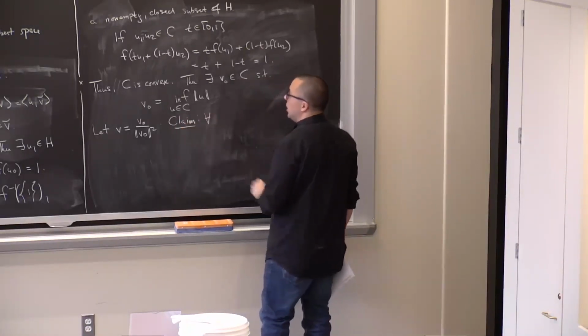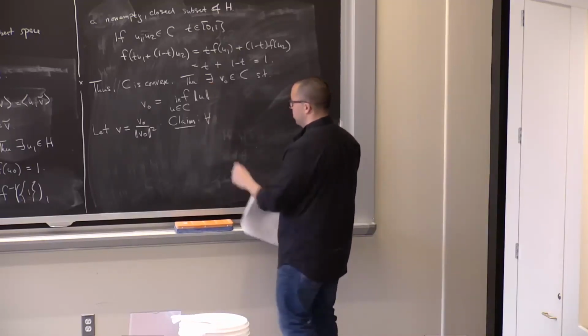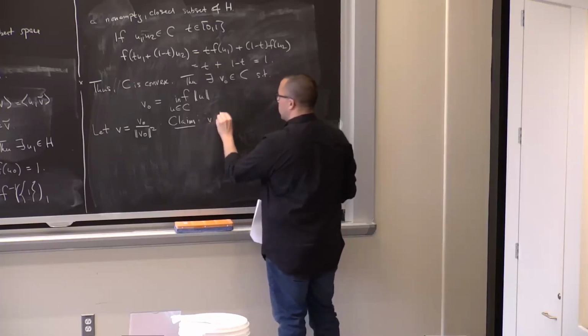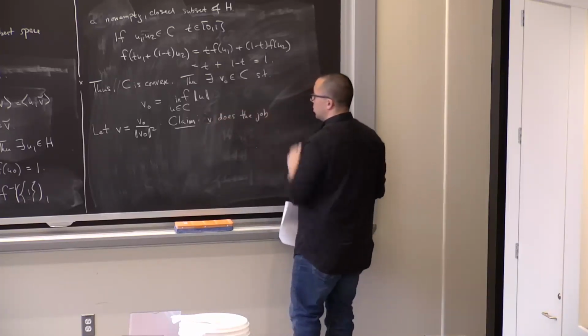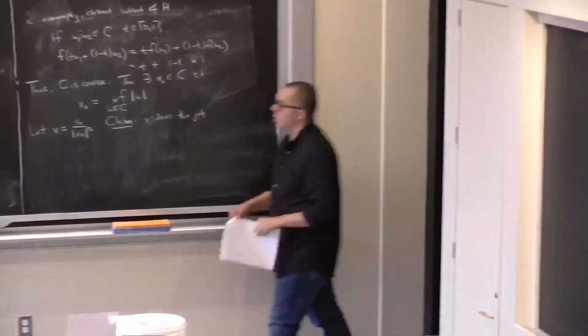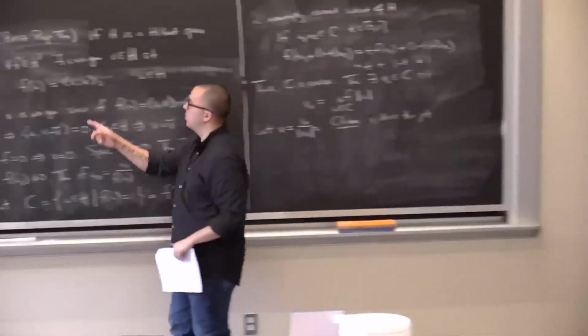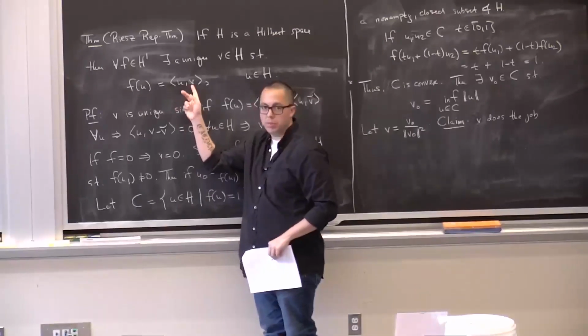I was using u's to denote elements in C, but I claim v does the job, i.e., for all u in H, f of u is equal to u inner product with v. Okay?